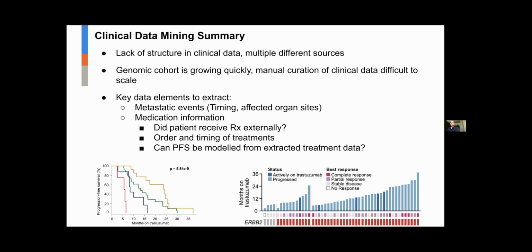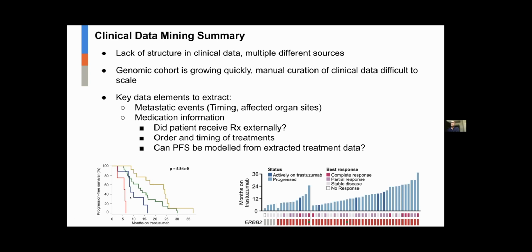So what are the key elements that we want to extract for our specific question? Metastatic events, the timing, and what the affected organ sites are. Separately, in a separate effort, we're looking into medication information.